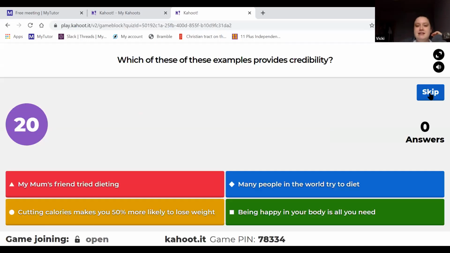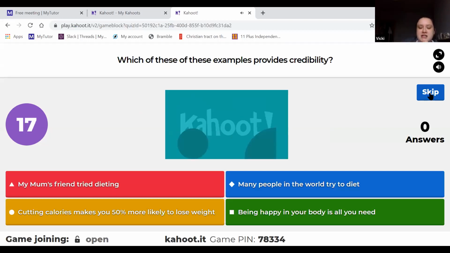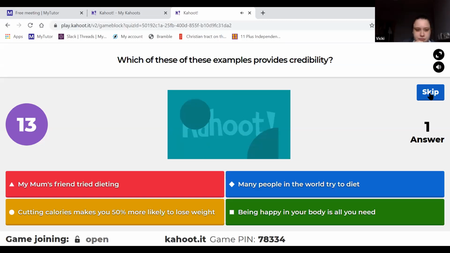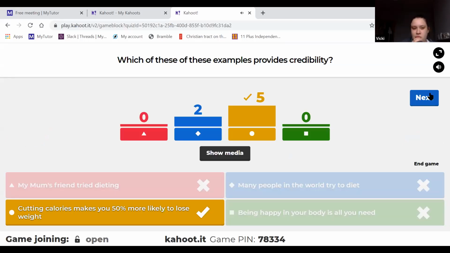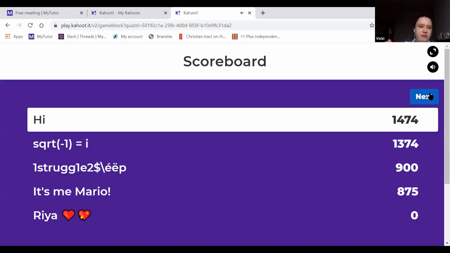So which one of these is an example of credibility, provides credibility? Yep, so having a statistic provides credibility, it's provable.